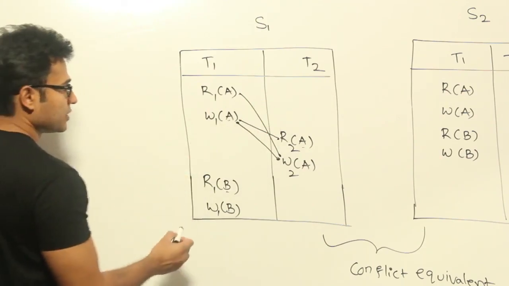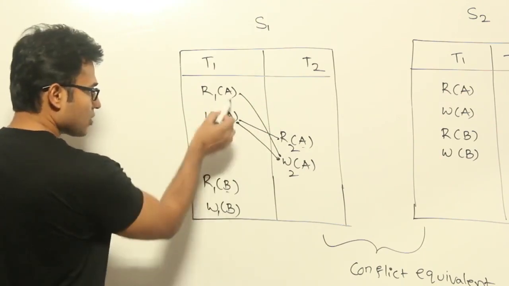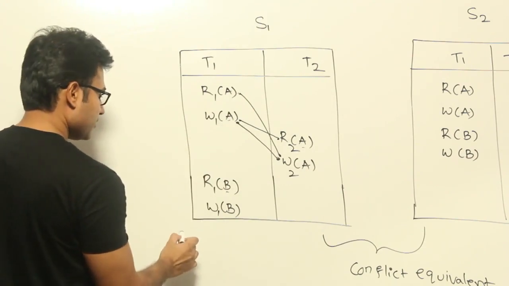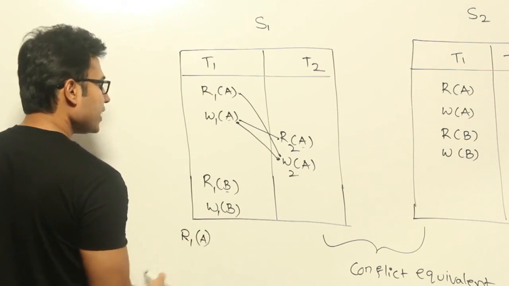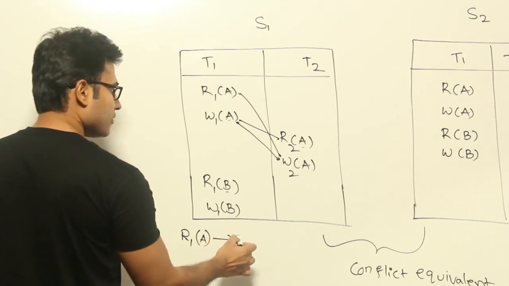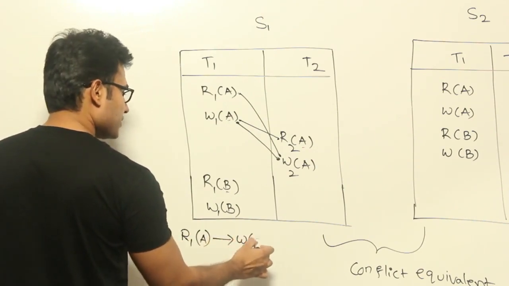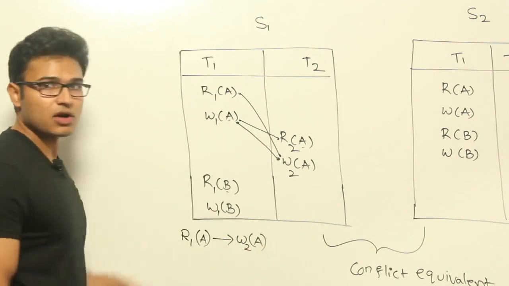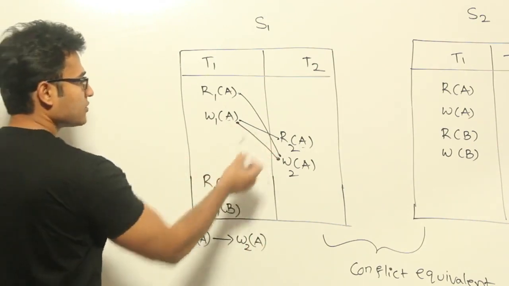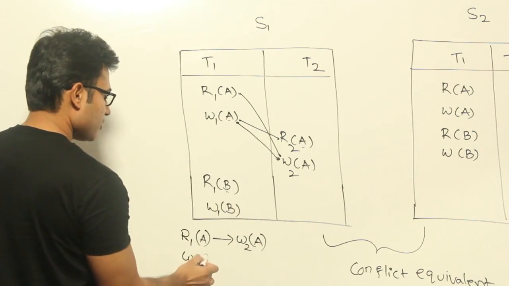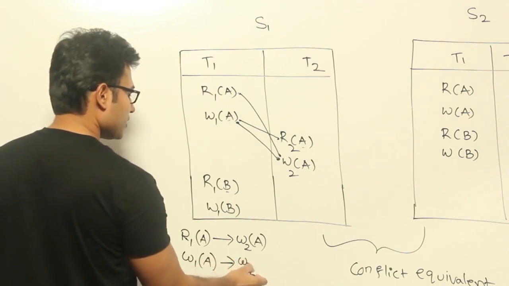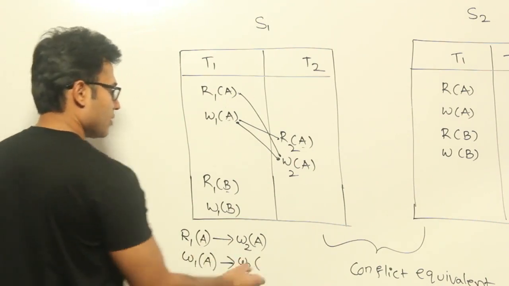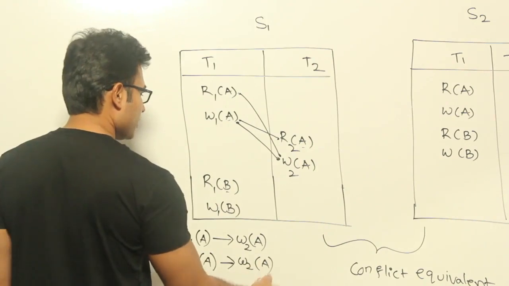In here, if you observe, this conflict is in such a way that there is a read from transaction 1 on A, then only there is a write from transaction 2 on A. This is the order in which it is appearing. Now what about this one? There is a write on data item A by transaction 1, then only there is a write by transaction 2 on data item A, right?